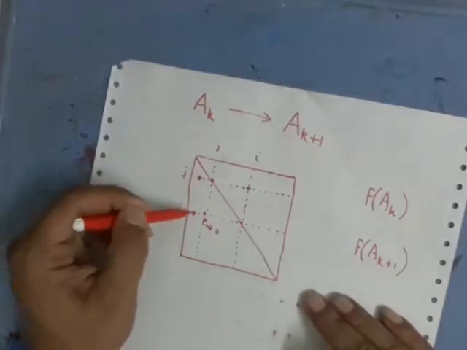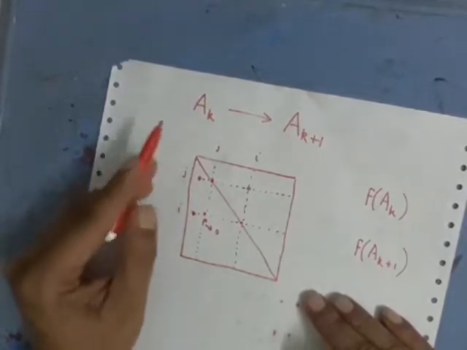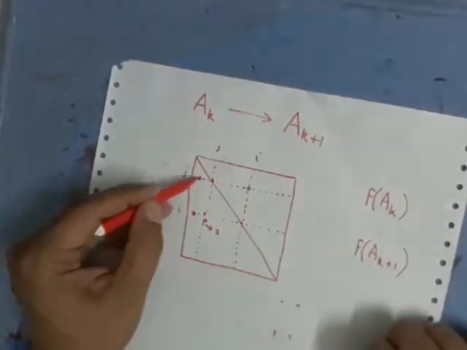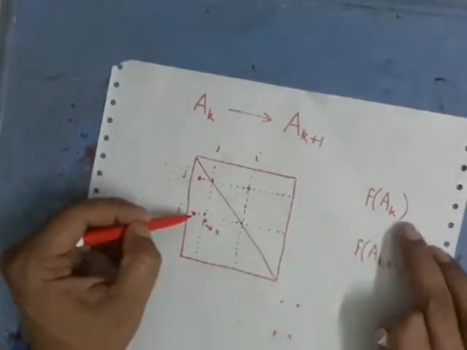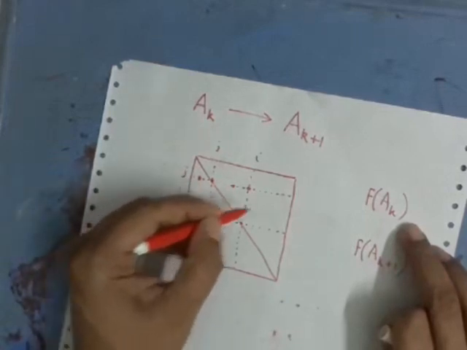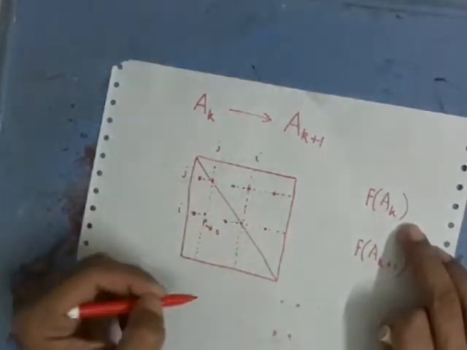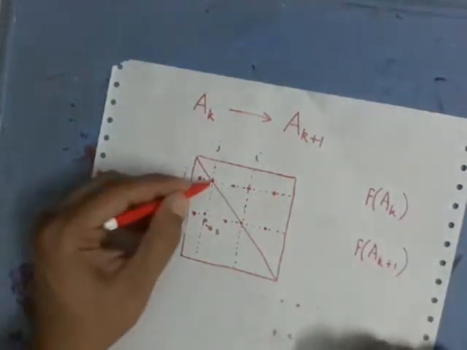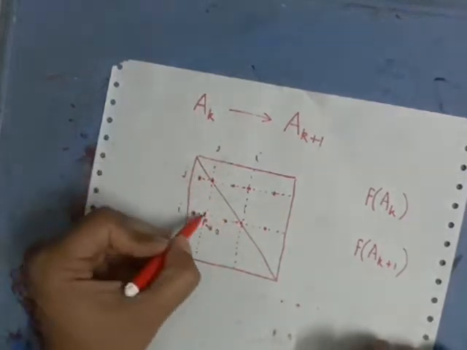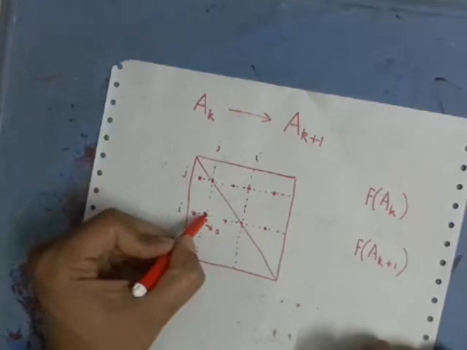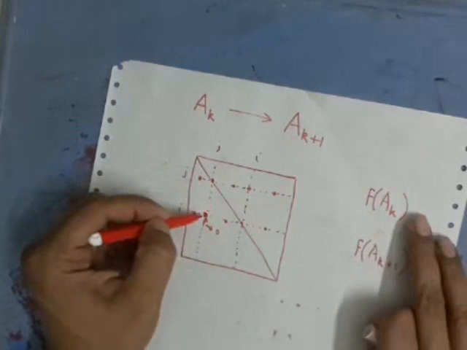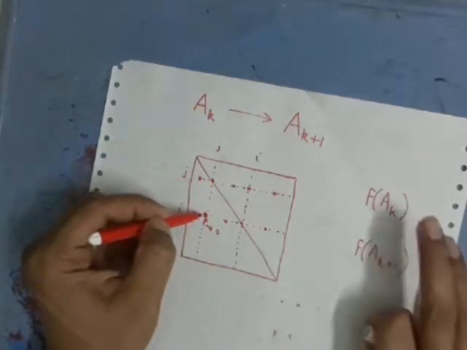Since both of them are off-diagonal entries, both still remain within the scope of the F function. As a result, any change in these entries will not change F(Ak). Same is true about these 2 entries, both being off-diagonal. Same is true about these entries. The only exception will be these pair and these pair. Whenever you change these, you are moving part of the mass from the off-diagonal to the diagonal. Since F keeps track of only the off-diagonal, F will go down.